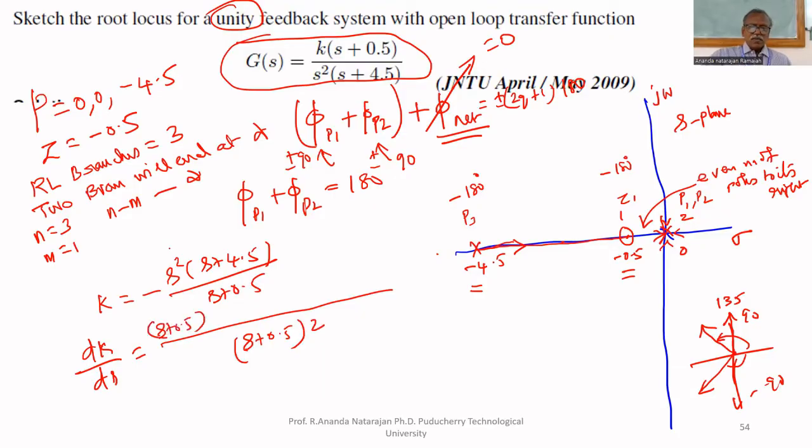And what is the numerator? s cube plus 4.5 s square. Therefore, 3s square plus 9s minus, we have to write as such, (s cube plus 4.5 s) multiplied by 1.